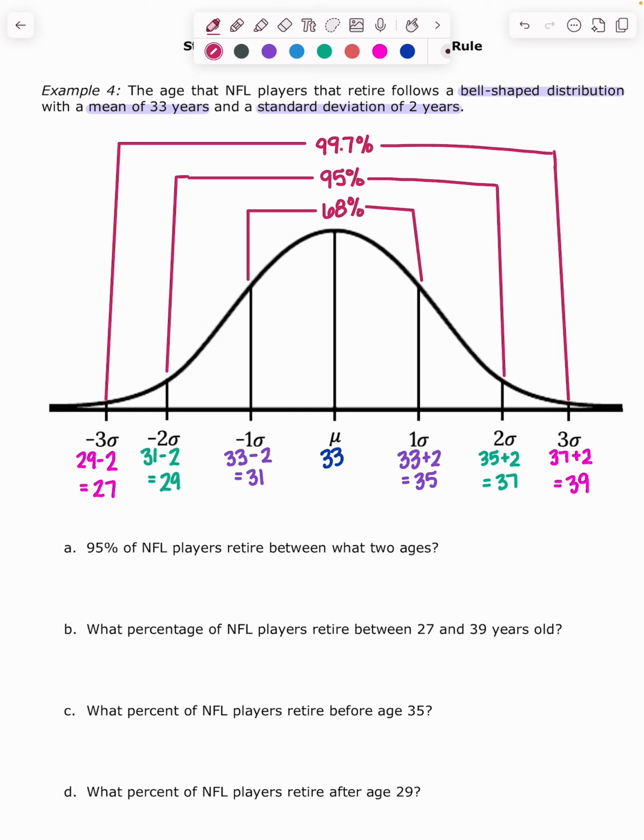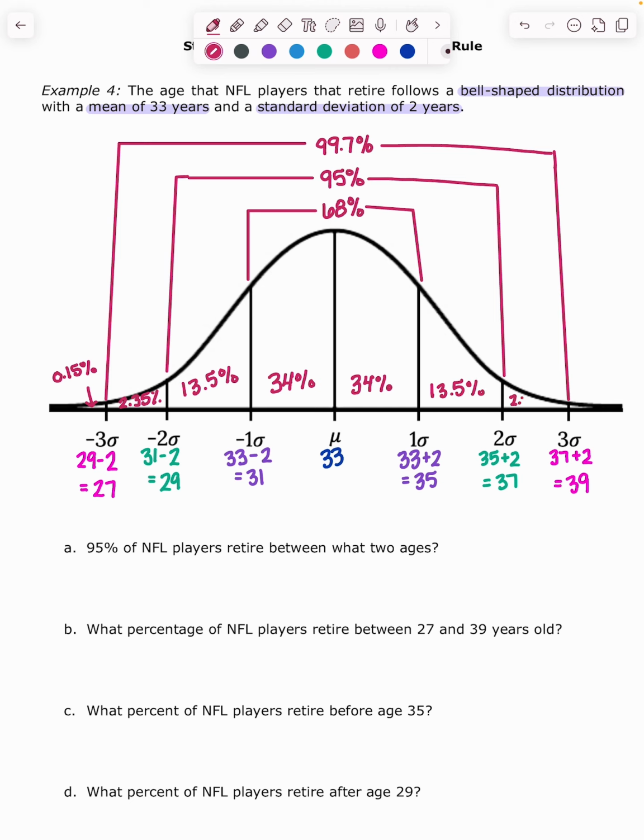Starting at the middle, working my way to the left, this section is 34% of the data. This one is 13.5% of the data. 2.35% of the data. And then this outer section here is 0.15%. And then a bell-shaped distribution is symmetric, so the other side is the same, but a mirror image.